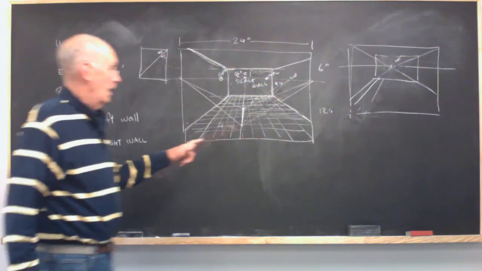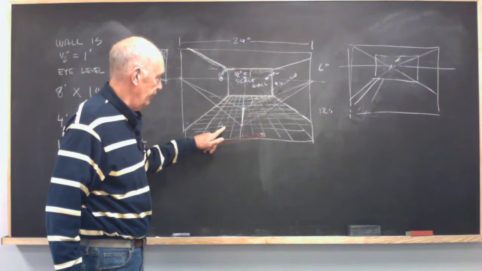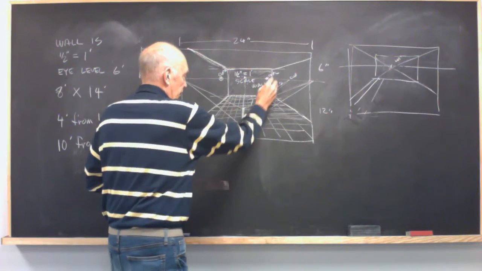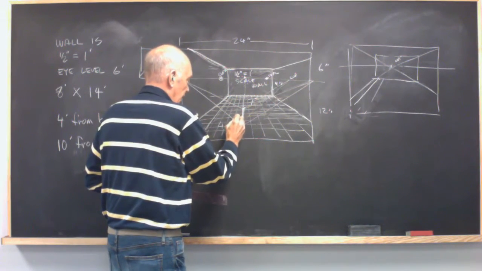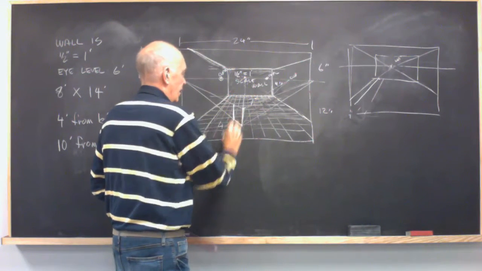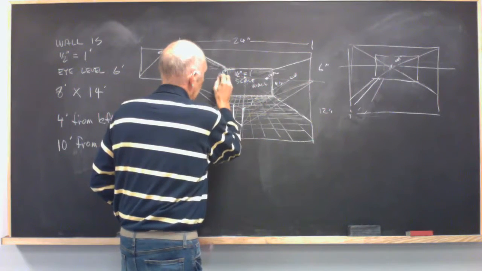Now, I really don't have to measure, because on the floor I have what 2 feet is over here. So I go over this way 2 feet, go to that construction vanishing point over there. That's 2 feet. Go over here 2 feet, go to this construction vanishing point.